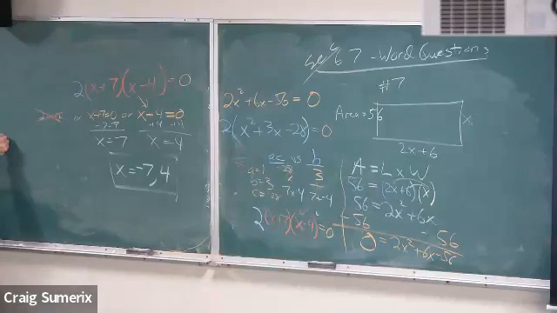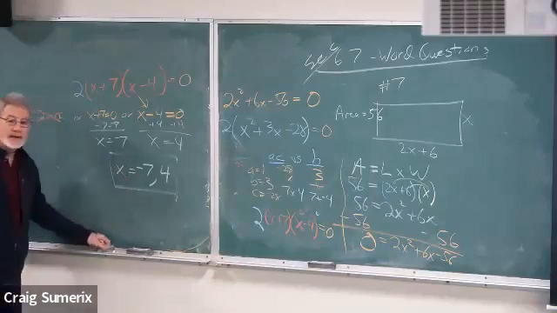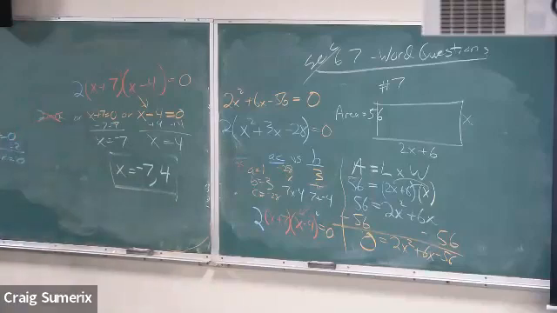If it was 2x equals 0, divided by 2, x equals 0. Either way, the 2 is irrelevant. Okay, so where were we? We said our answers were -7 and 4, correct? Bingo. Why not?